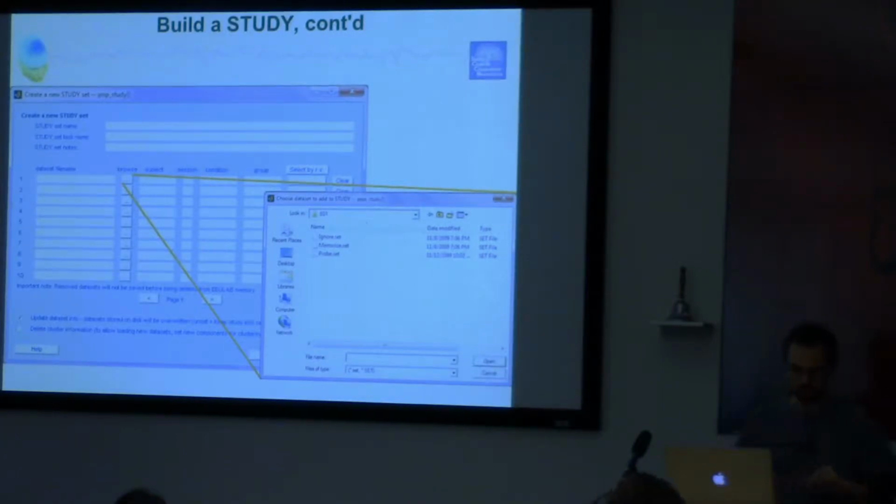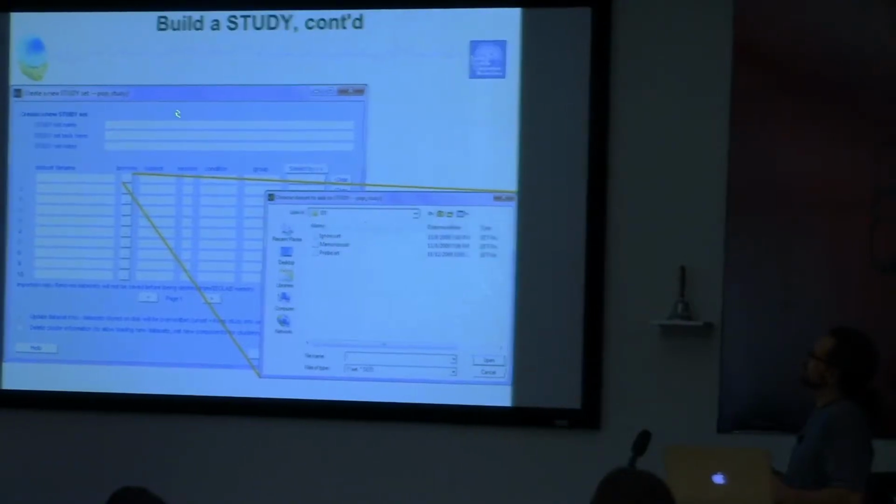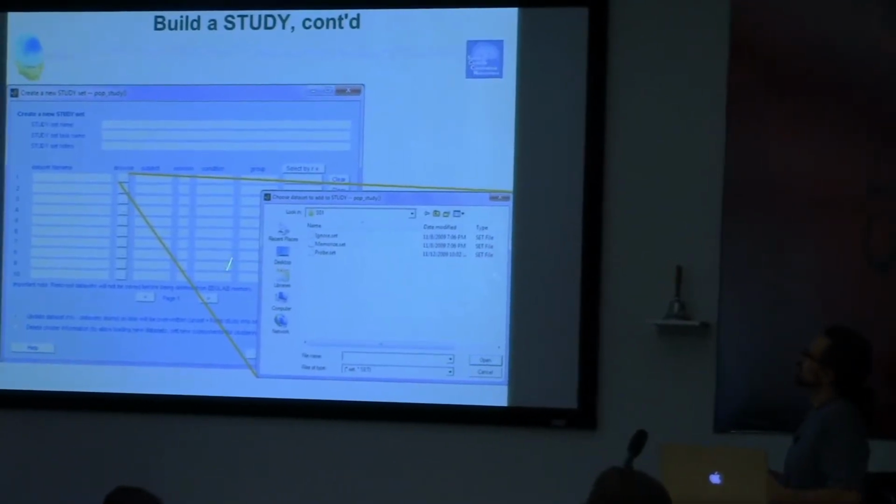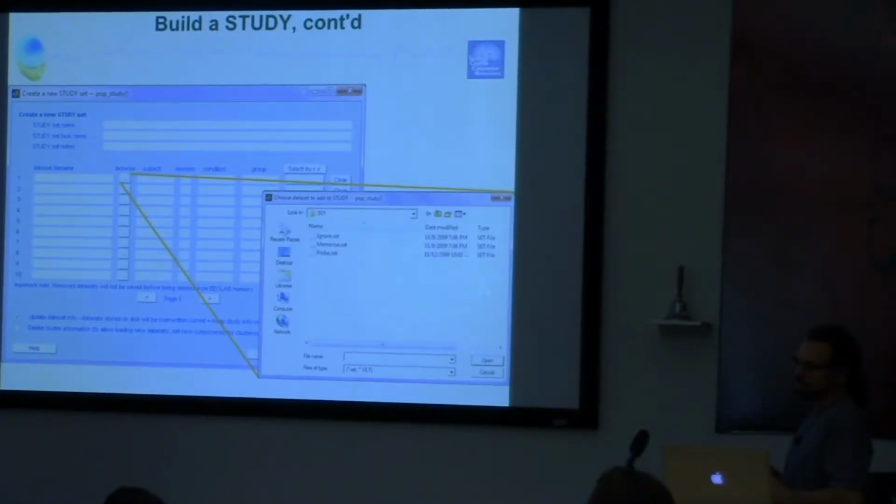Now that's the easy way to do it. There's a harder way. And the harder way is to select each individual file and then enter subject, session, condition, group. You can also select independent components by residual variance. We're going to talk about that tomorrow.